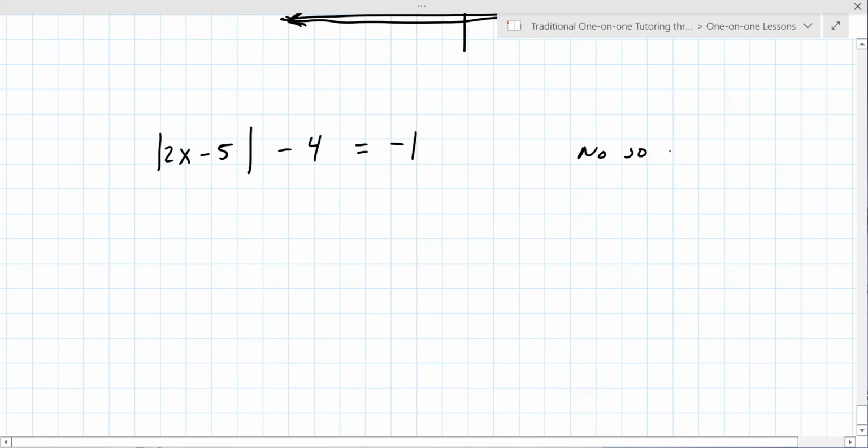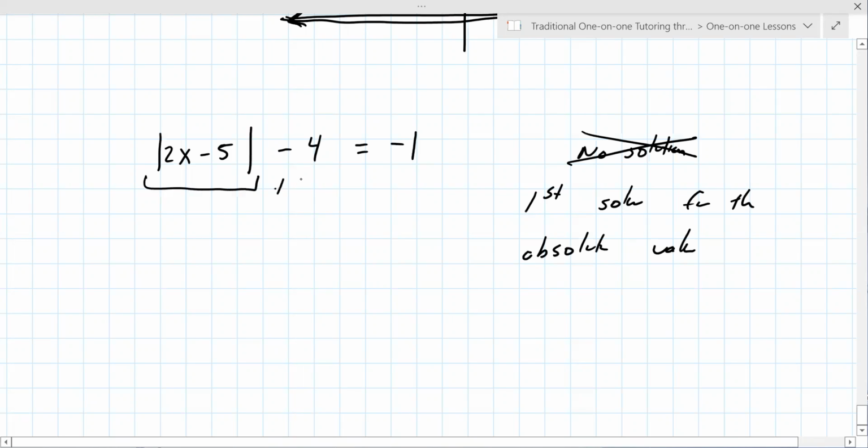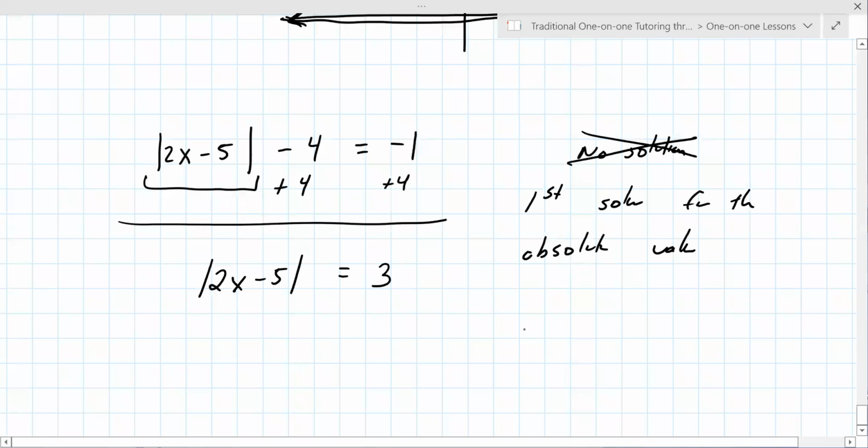And that is completely wrong, because you have to first solve for the absolute value. You have to add 4 to both sides. Absolute value 2x minus 5 equals 3. And yes, now you can say it has 2 solutions.